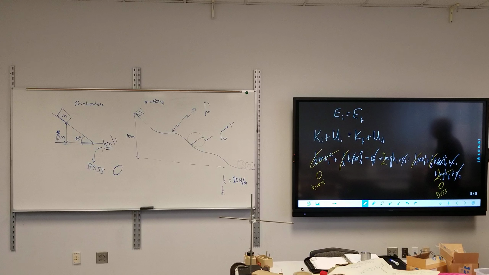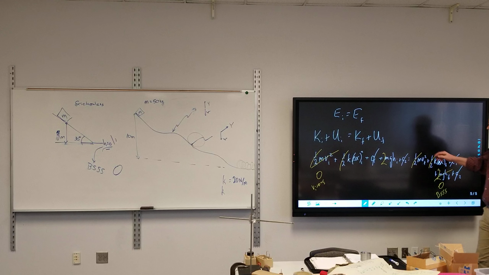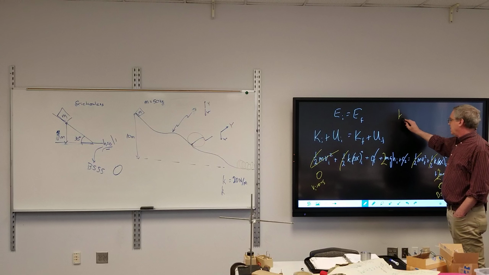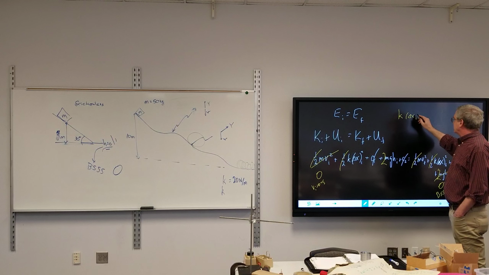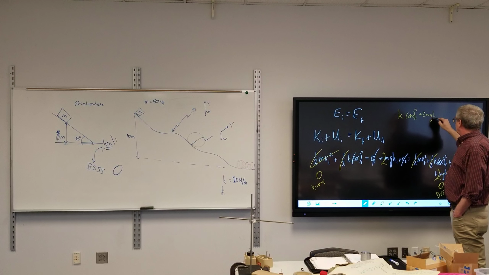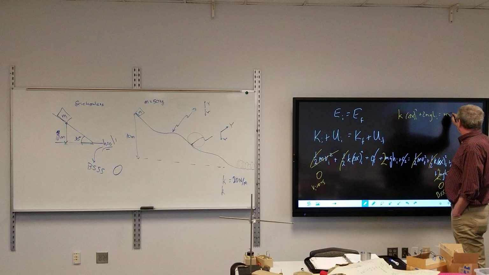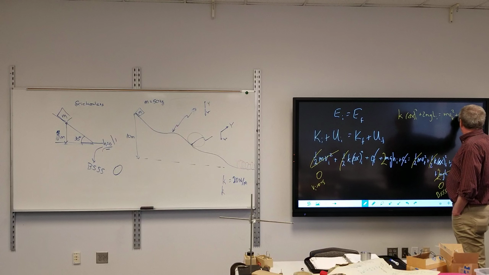Two more. So why don't we write down what we've got so far, clean it up a little bit. So I have k delta x initial squared. Is it? That's 0, right?